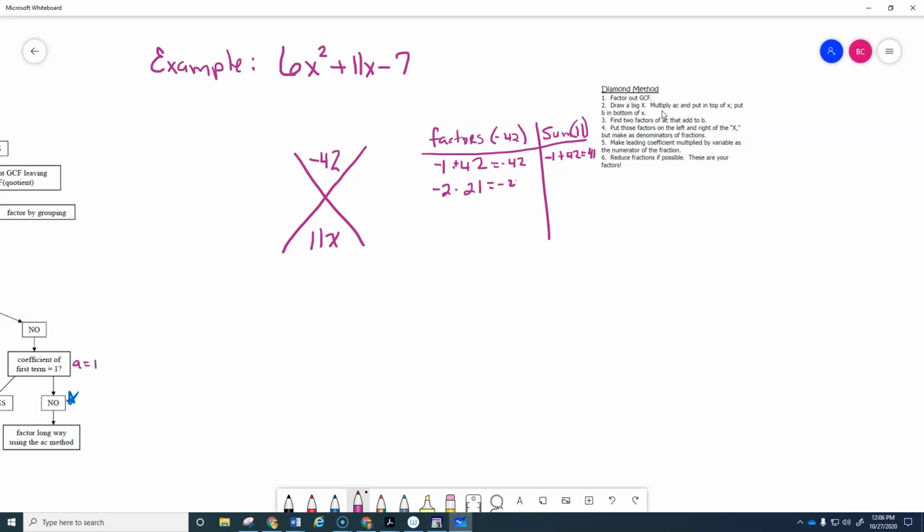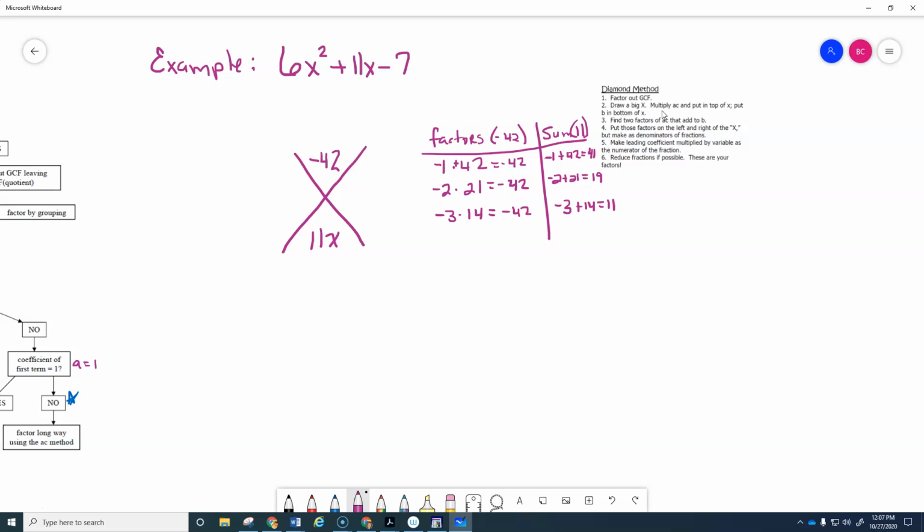That'll give you a negative 42. Negative 2 plus 21 will give you 19. What about negative 3 times 14? 3 times 14 will give you negative 42, and negative 3 plus 14 will give me 11. So these are the two factors.